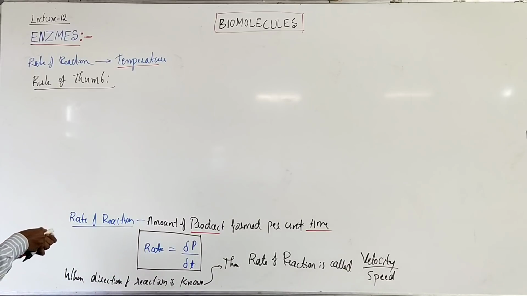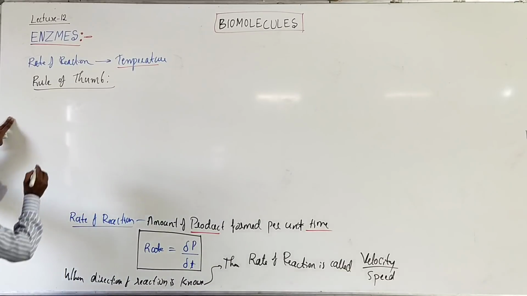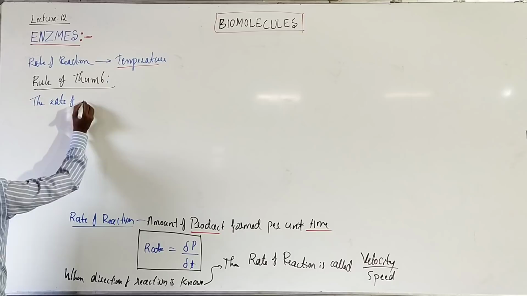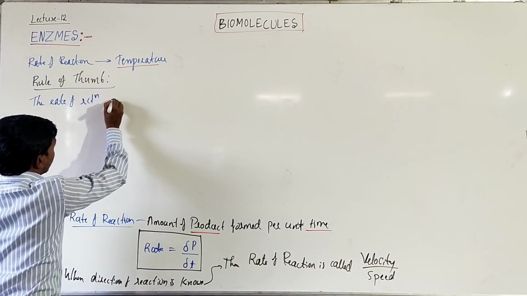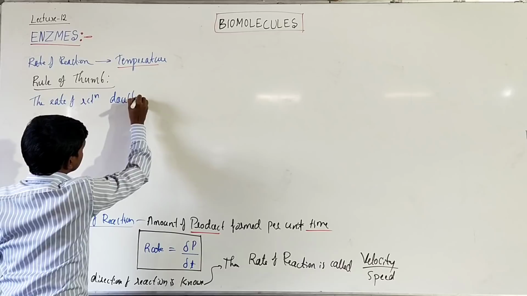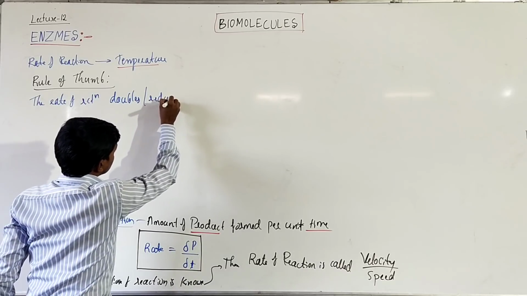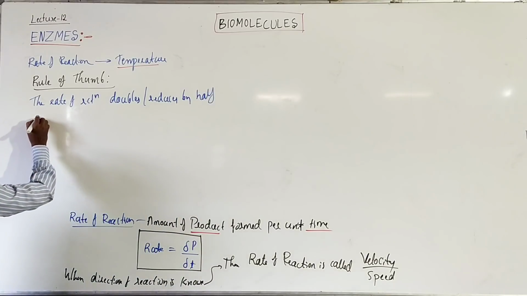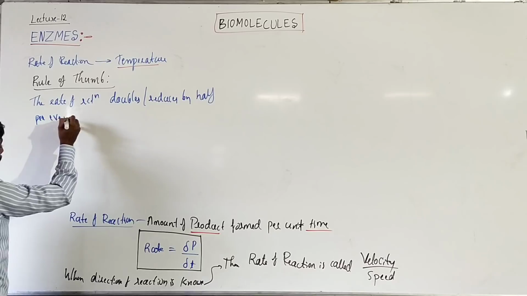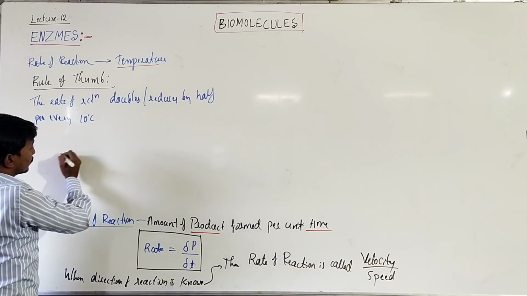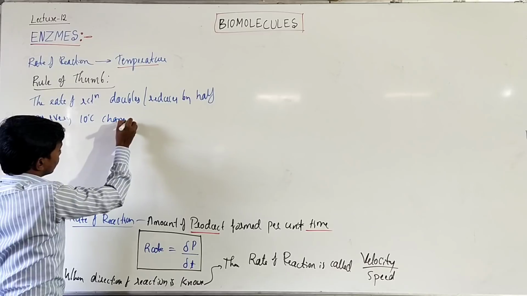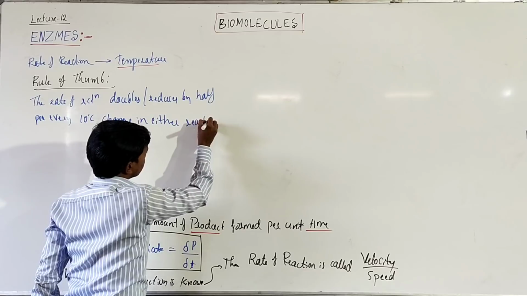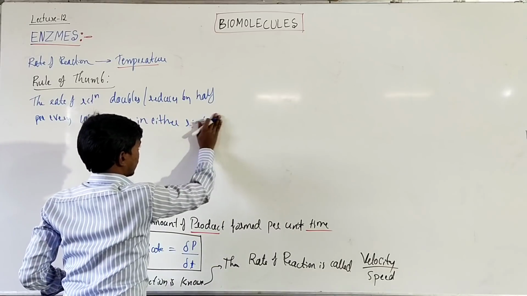So according to this rule of thumb, the rate of reaction doubles or reduces by half per every 10 degrees Celsius change in either direction.